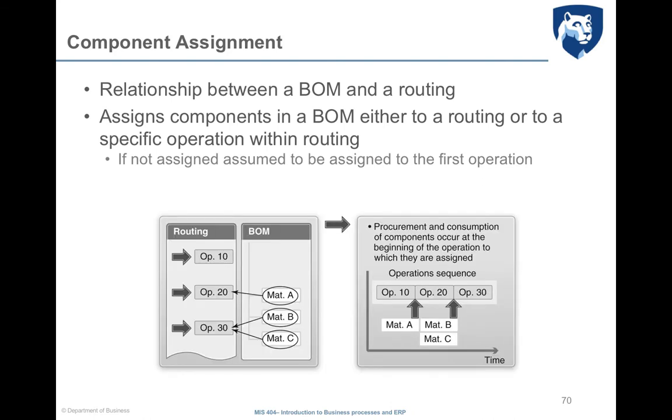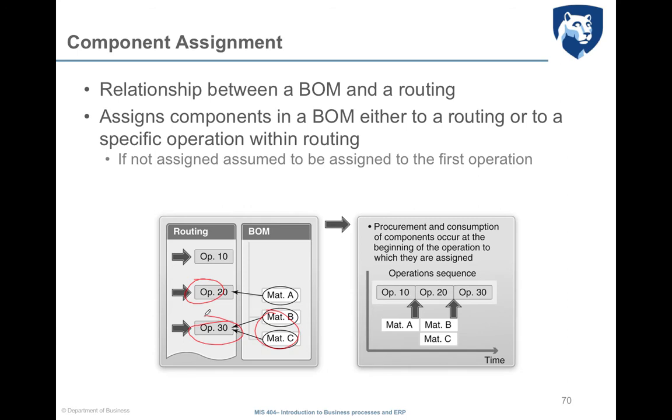We can see this represented in this figure. This figure presents a component assignment that includes 3 operations in the routing and 3 materials in the bill of materials. Material A is assigned to operation 20, while materials B and C are assigned to operation 30.